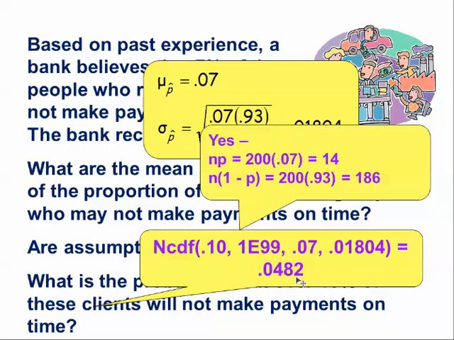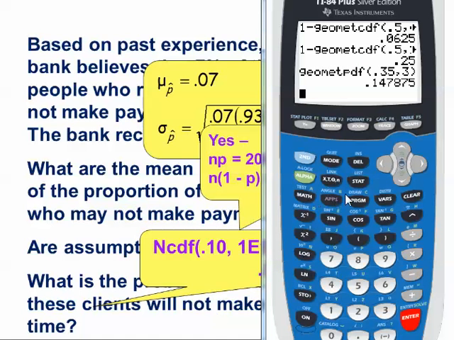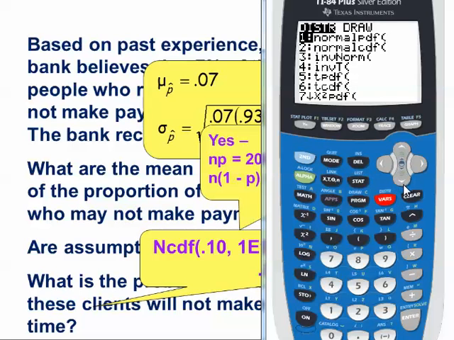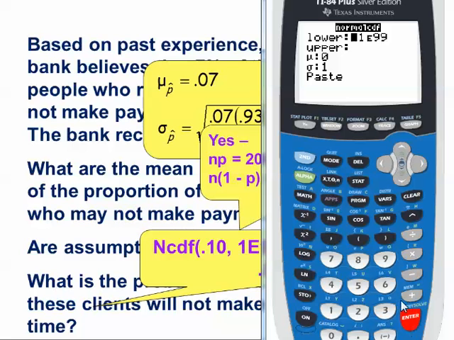Okay? Do I need to show you that on the calculator? Let's do that real quickly. Normal distribution, one of my least favorite ones. So we're doing a normal CDF, that'd be the second one right here. Okay, we're going to use 0.1 as our lower limit. We're going to use some upper number that's really, really huge.